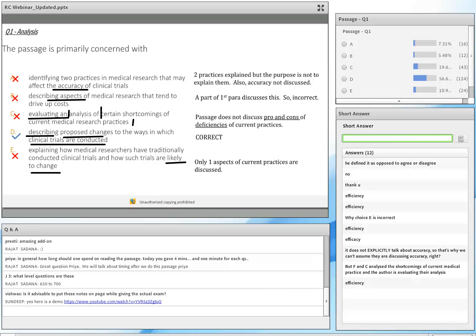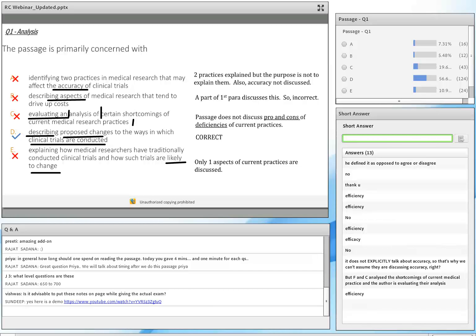Has the author really said one aspect that FNC failed to look for is this? No, he's not said that. He's not evaluating FNC. He's telling what FNC says. He's describing it.